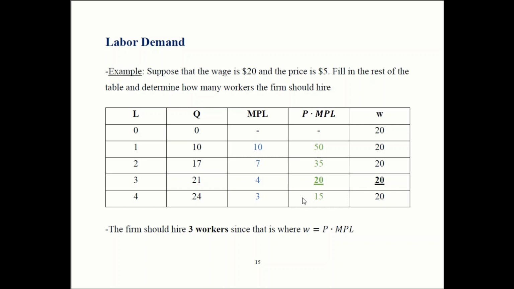So our profit maximizing rule and our derived demand was we want to find where the wage equals the value of the marginal product. So where is wage equal to P times MPL? That happens right over here. What that implies is that you want to hire 3 workers. As a result, you'll produce 21 units of output. So that's how you can work through examples where you have tables.